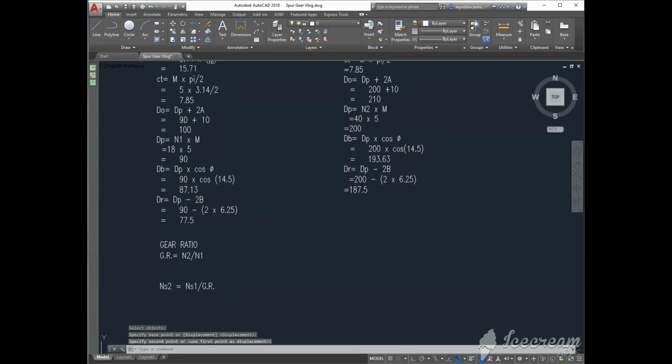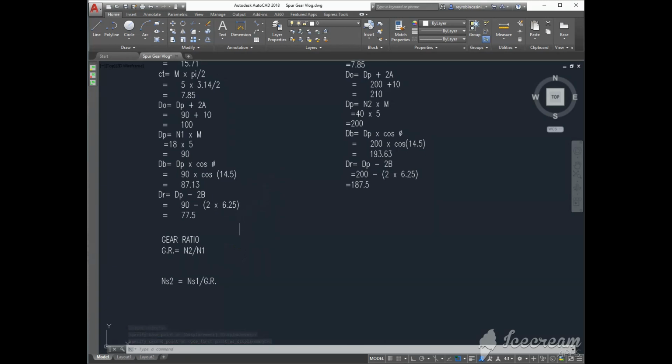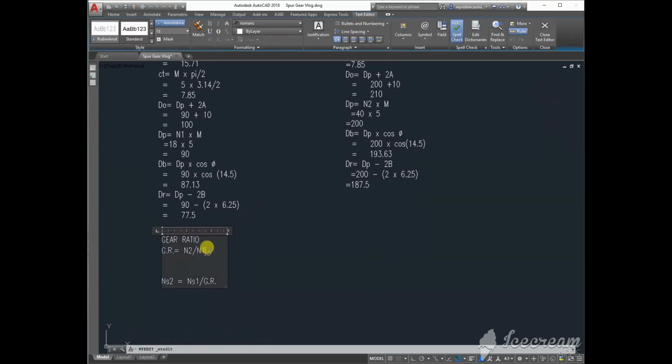Now that we have solved all the parameters, let's solve for the gear ratio. Gear ratio is defined as the number of teeth of the driven gear over the number of teeth of the pinion gear, and this is approximately 2.22, or 40/18.